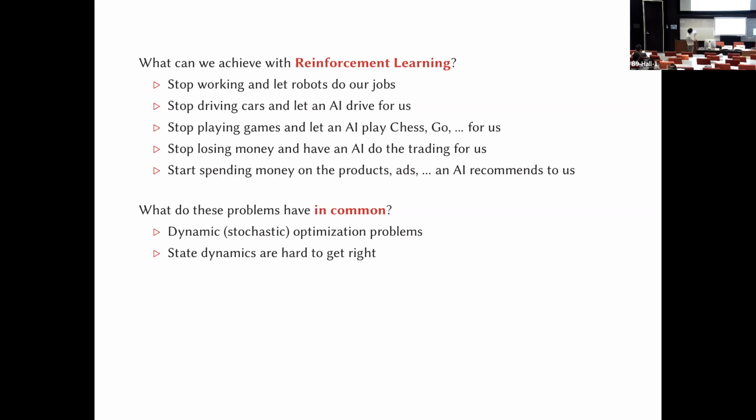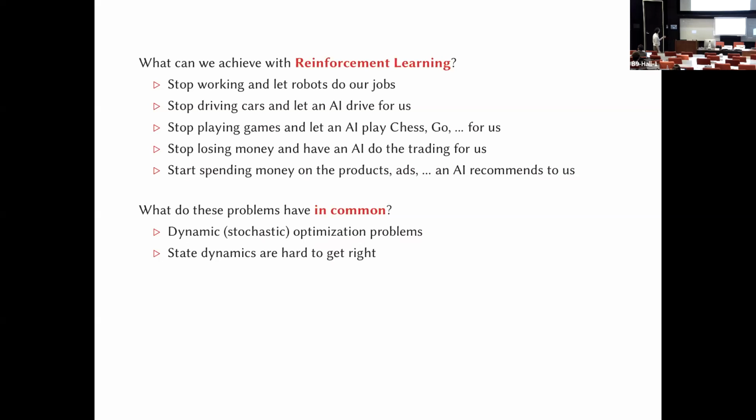Another thing where these algorithms shine is if it is very difficult to get the dynamics of the state right. So let's stay with video games. It's hard for you to predict what happens between two frames. So how the pixels change if you do a certain action, or if you have never seen what's coming next, it will be hard to write down the dynamic evolution of frames that you will see.